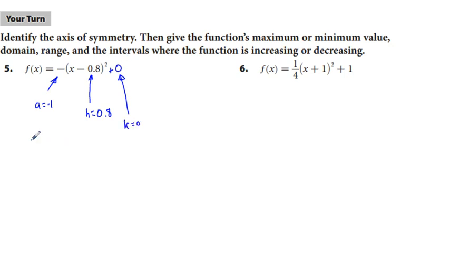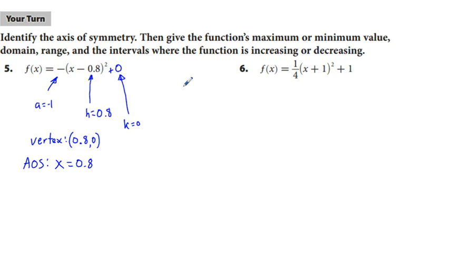What that means for this quadratic function is our vertex is going to be the point h comma k, so we have 0.8 comma 0. That will be the location of our vertex. So our axis of symmetry, abbreviated AOS, is going to be x equals 0.8. That's our axis of symmetry.